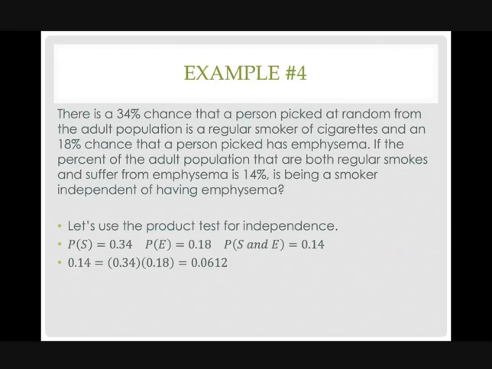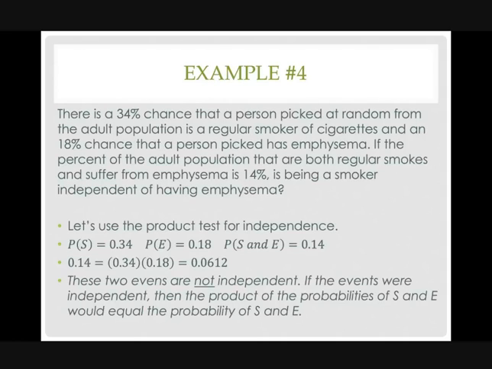However, when we calculate the product here, we get 0.0612, meaning that being a smoker and having emphysema are not independent. If these events were independent, then the product of the probability of being a smoker and the probability of having emphysema would be equal to the probability of being a smoker and having emphysema.